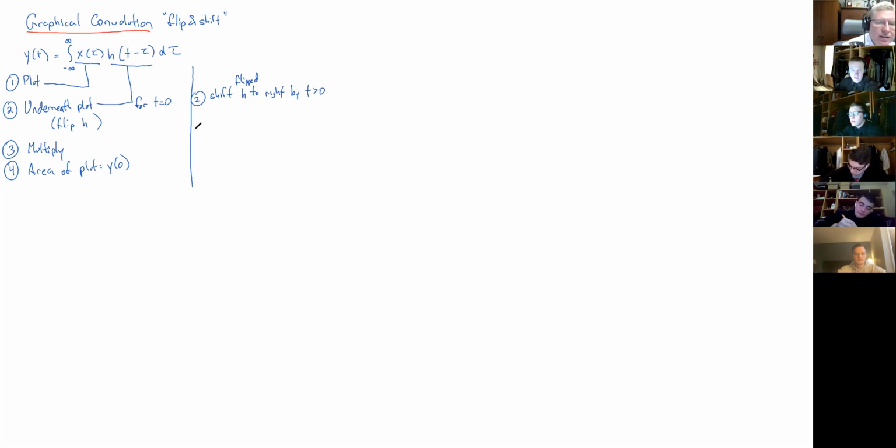And then everything else is the same. You'll multiply, and the area of the plot in general is y of t for your shift of t. And that'll get all your right points, and then to find your left points, it's going to be the same, but you're going to shift it left. And then everything else is the same.